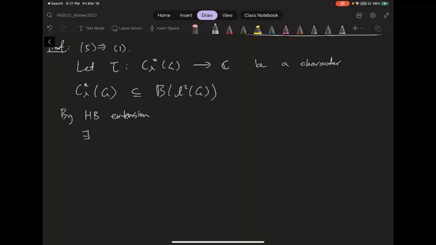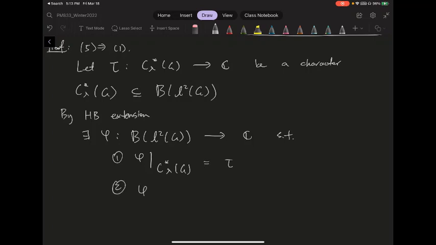So there exists an extension, phi, from the bounded linear operators on the L2 of G to the complex numbers, such that, first of all, phi is an extension: if I restrict to the reduced C-star algebra, then I get tau back, and phi is positive. So it maps positive operators to positive.